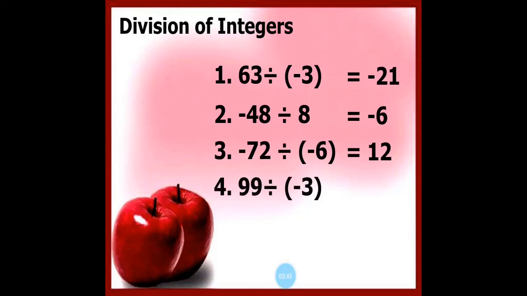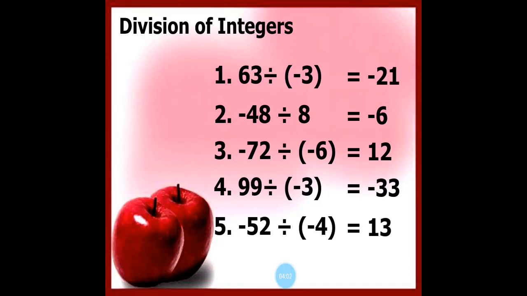Number 4, 99 divided by negative 3 is equal to negative 33. And for number 5, negative 52 divided by negative 4 is equal to 13. Again, we have the same rules in multiplication and division of integers.